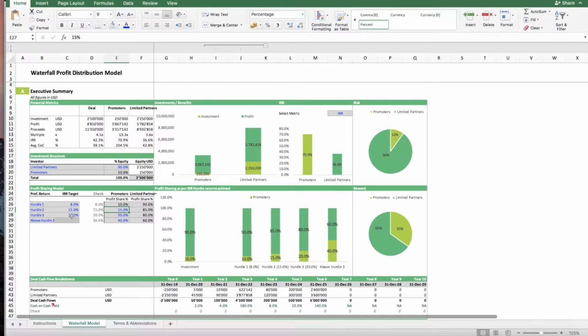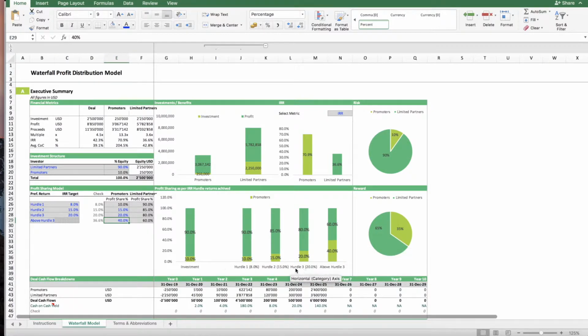And if he achieves the third hurdle, which would be at a 20% IRR target, then he gets even 20% of all the returns. For anything above, the promoter can be incentivized to get an even higher share of the profit. So you see here the allocation of the incentive structures: up to 8%, you have 10%, and then it is rising.